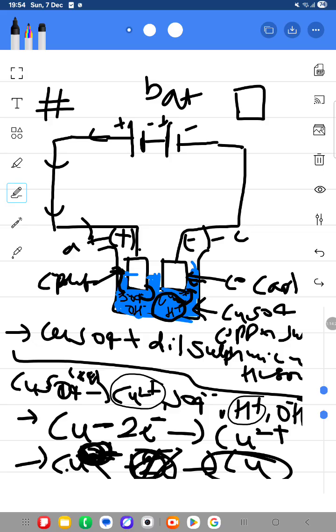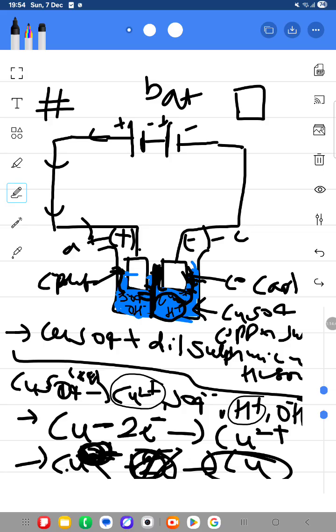It means a layer of copper will get deposited over here, because we separate these ions. The CuSO4 solution gets separated into 4 ions, and two of these ions go to one side and two to the other.